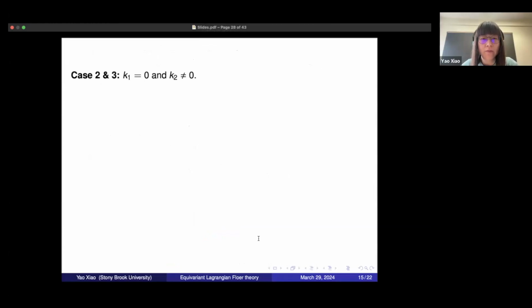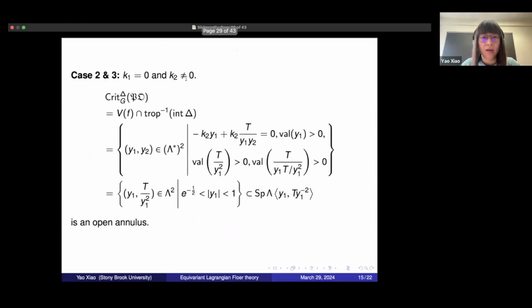So there are two cases which are similar. One is K1 equals 0 and K2 is non-zero, which means that I embed S1 into T2 using the second S1.